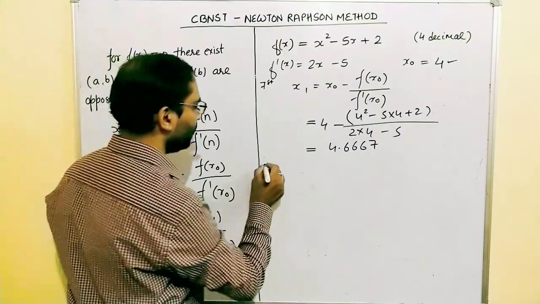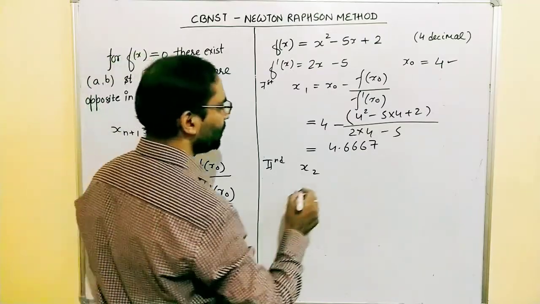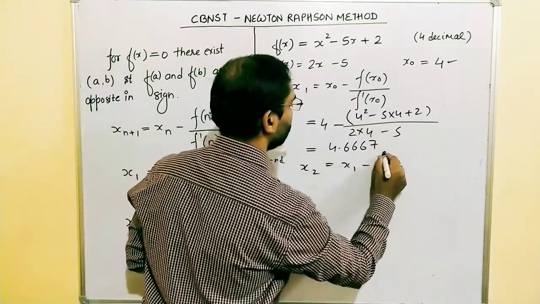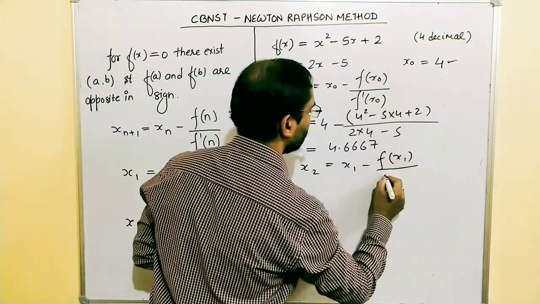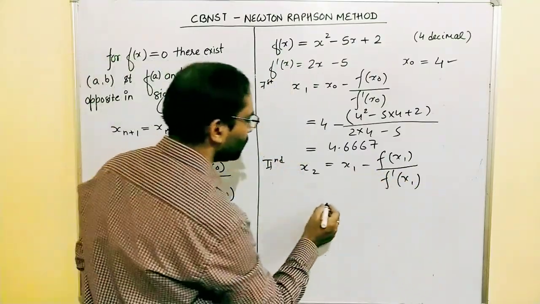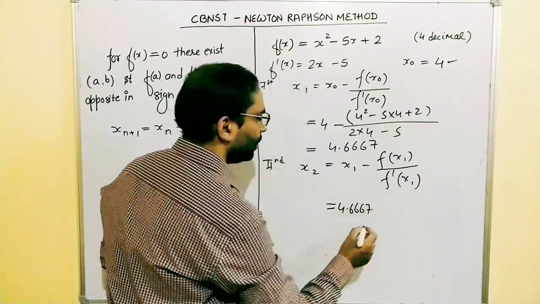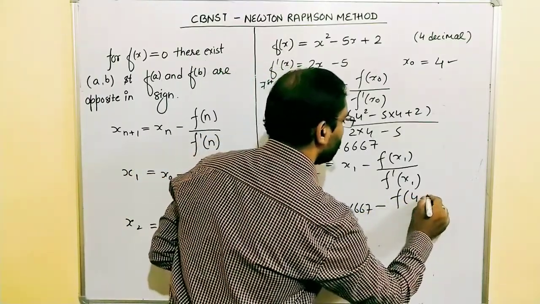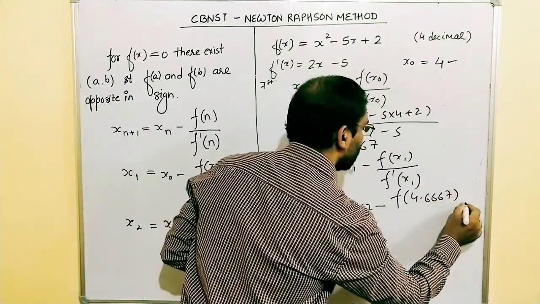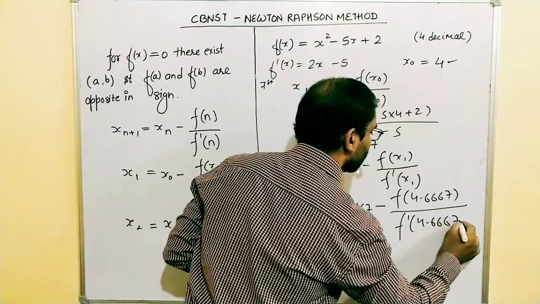Now we'll do the second iteration. We evaluate x2. Obviously, how will we get x2? This is x1 minus f at x1 whole divided by f dash at x1. So this will be 4.6667 minus the function's value at 4.6667 divided by the function's derivative's value at 4.6667.